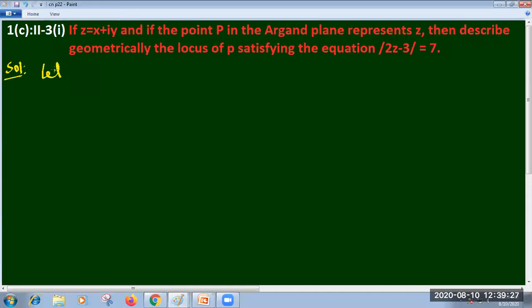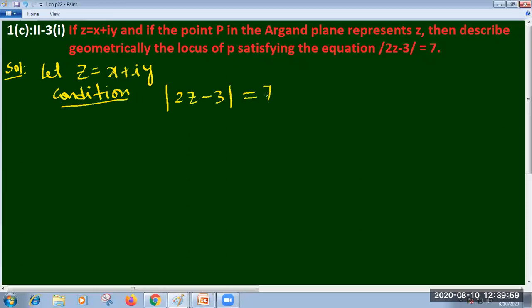Now let z is equal to x plus iy, already given in the problem, and take the given condition: mod 2z minus 3 is equal to 7.